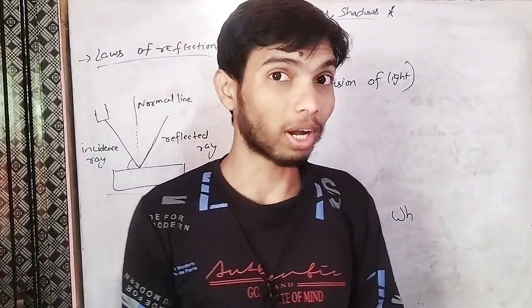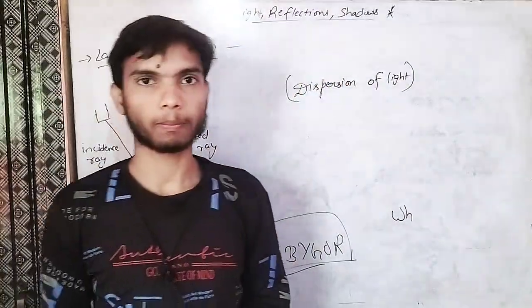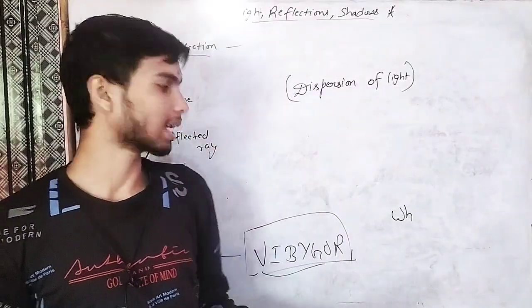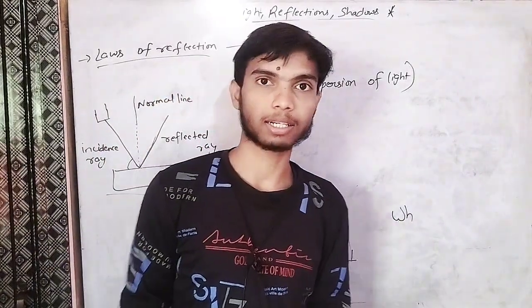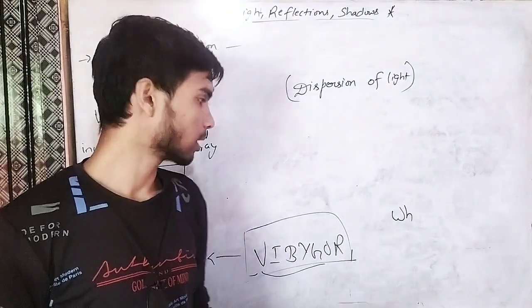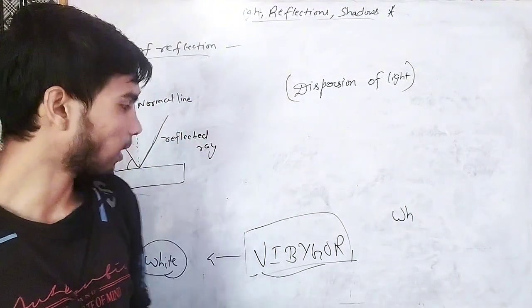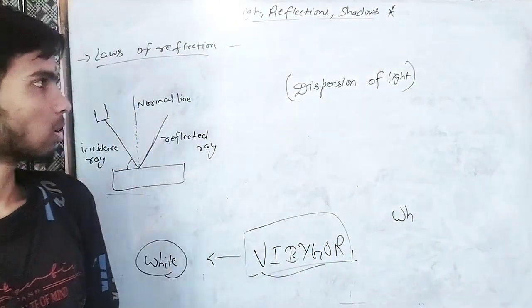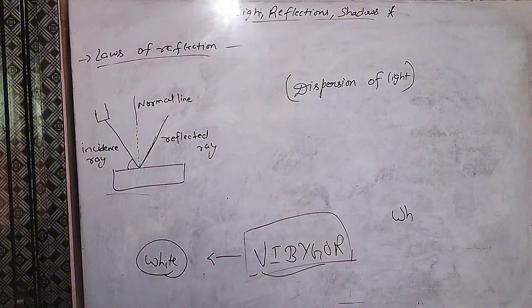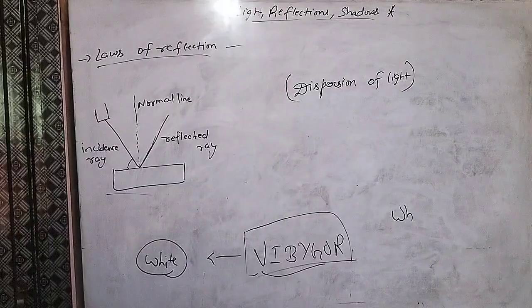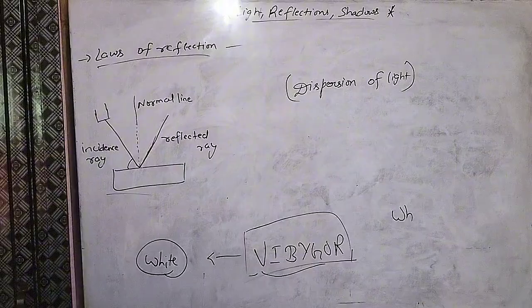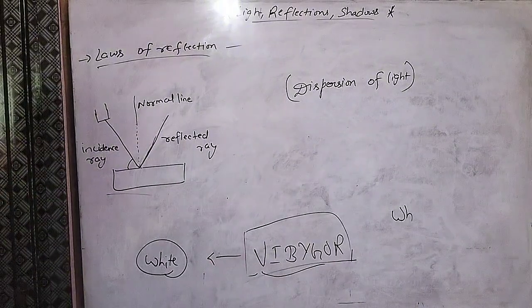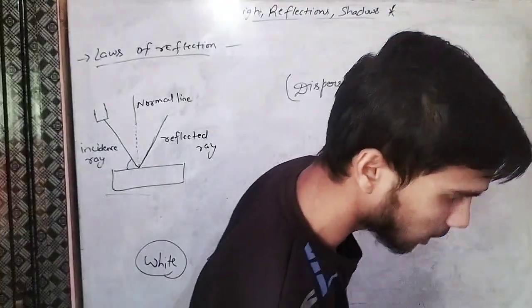In a rainbow we can see seven colors. Not exactly the same colors, but a rainbow will have seven colors. Do you have any questions regarding it?